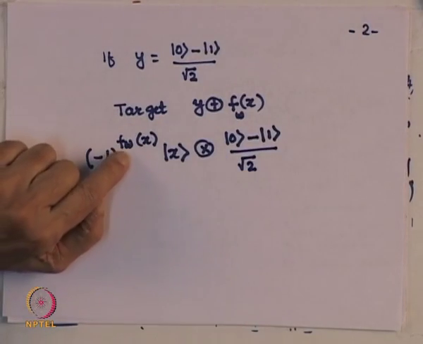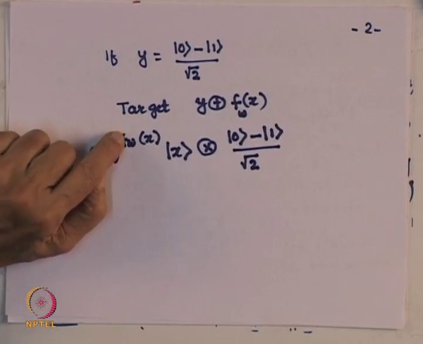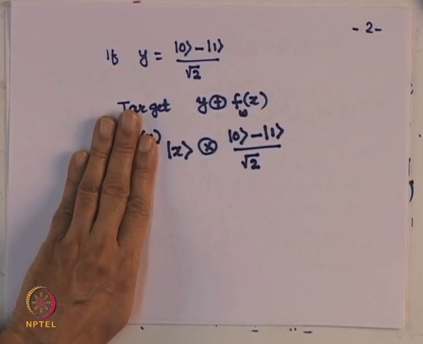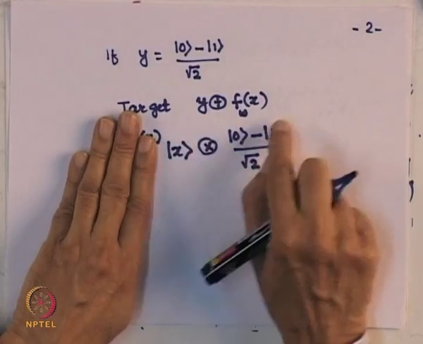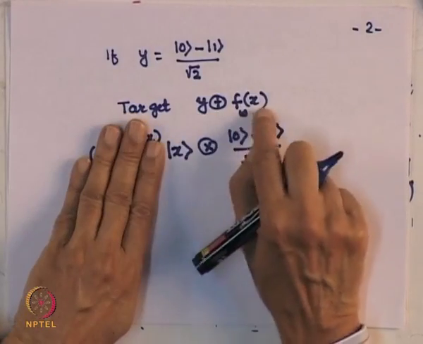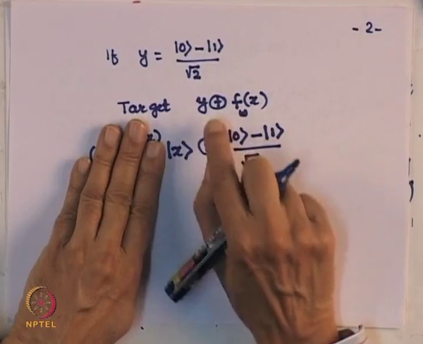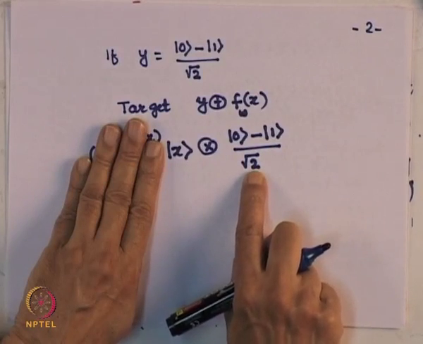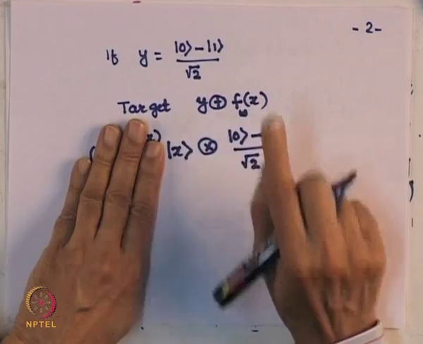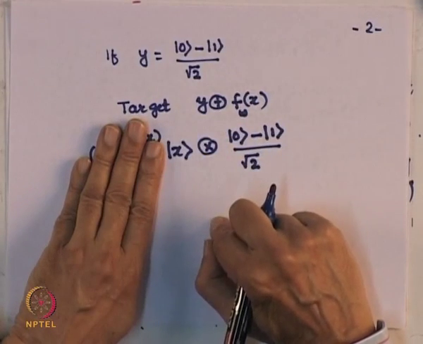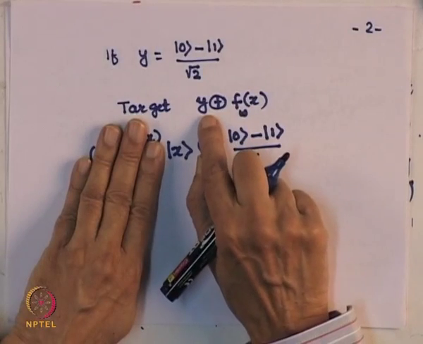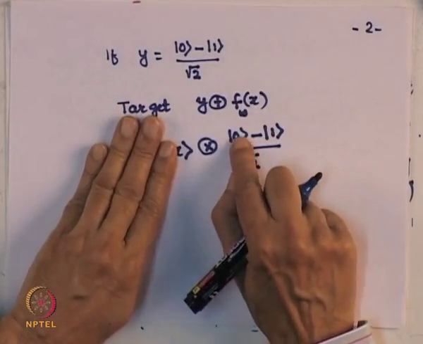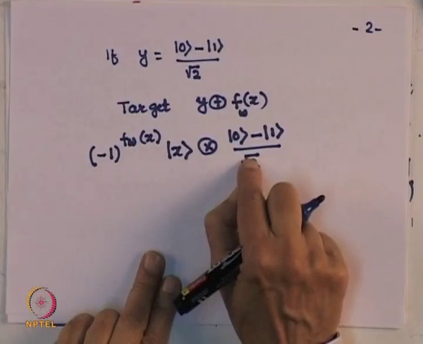Now remember, my f w of x evaluates to either 0 or 1. When it is 0, this is 1. So therefore, if f w of x evaluates to 0, then the content is simply y, which is equal to (0 minus 1) by root 2. On the other hand, if f w of x evaluates to 1, when my string happens to be equal to w, then it is y plus 1, which is nothing but (1 minus 0) by square root of 2, which is what I have indicated.